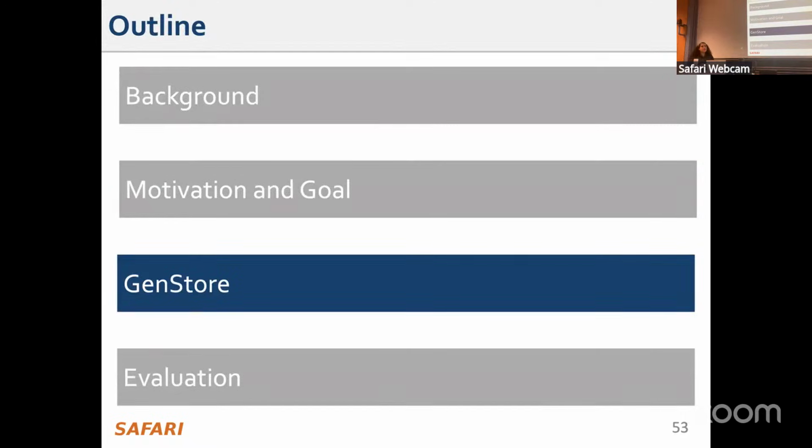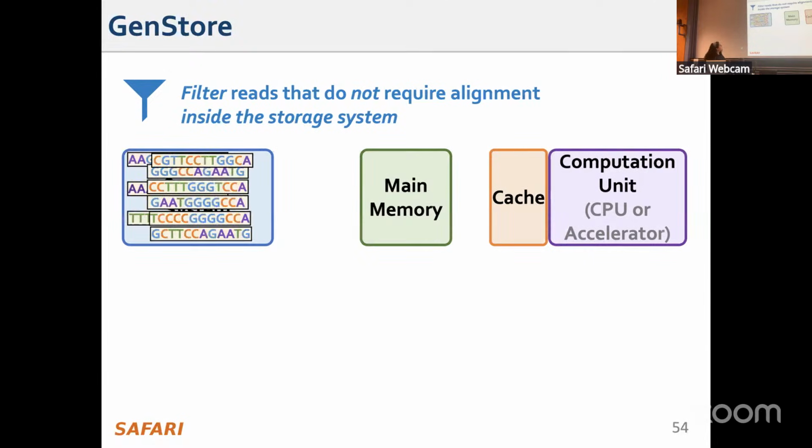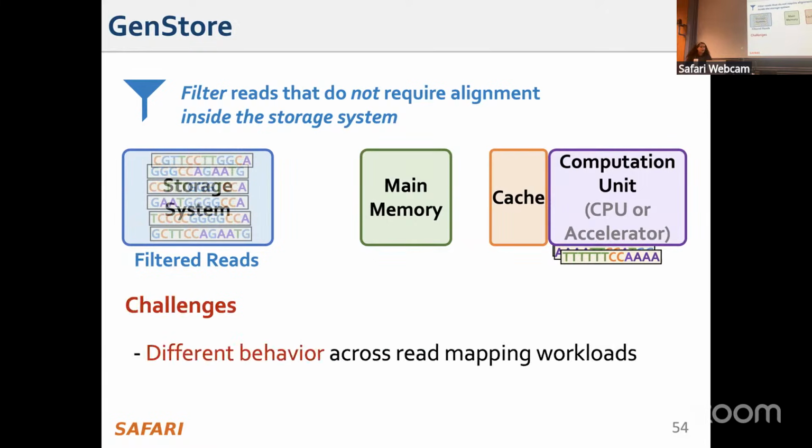So as I mentioned, the system that we designed is called GenStore, that filters reads that do not require expensive alignment operation inside the storage system, so that we only send the reads that are not filtered to the rest of the system. And the challenge is that there are many different behaviors. Like what can you really filter? I will talk about it.